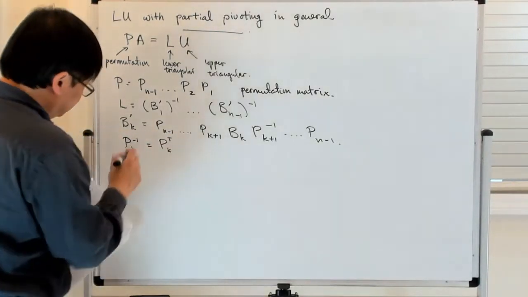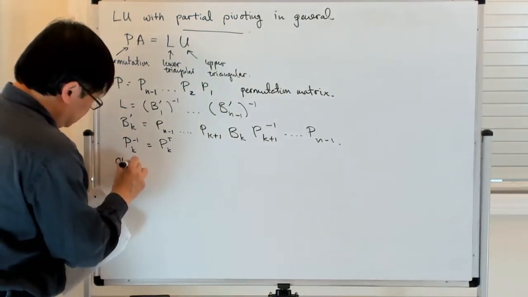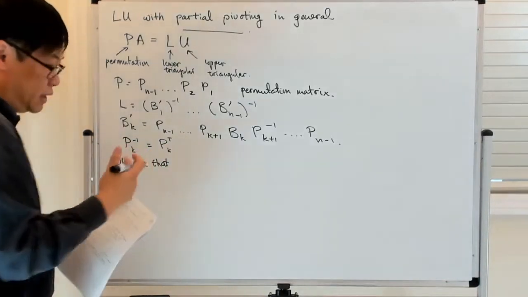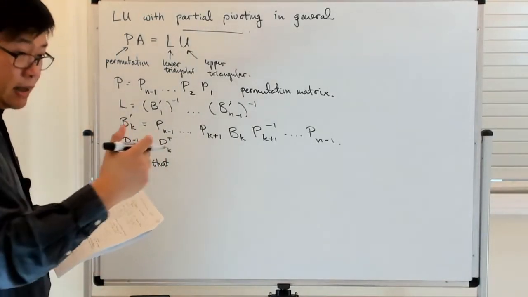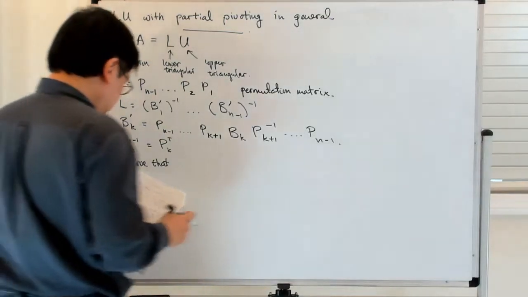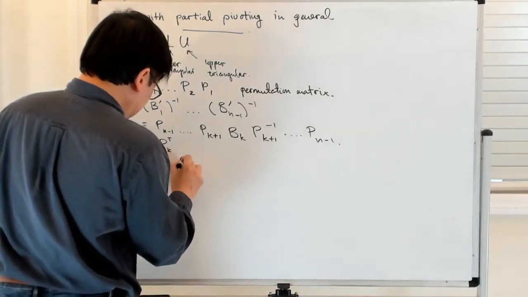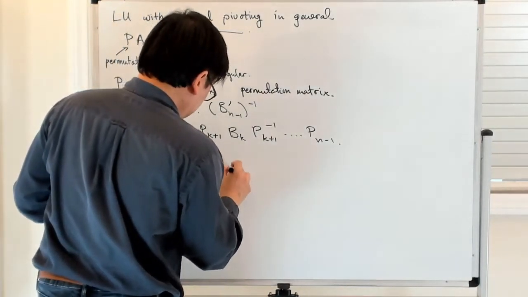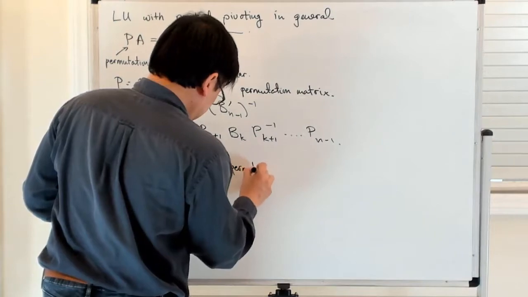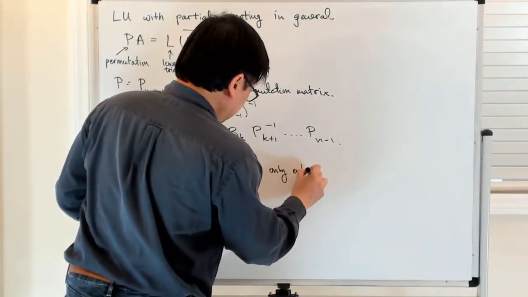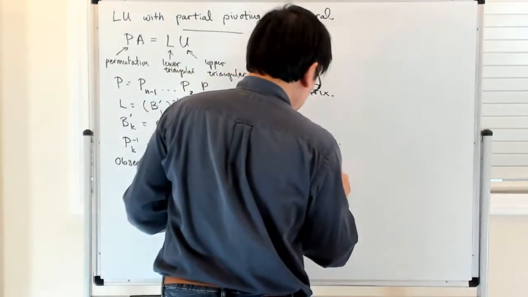Some observations. Observe that the permutation matrices Pk have the property that they only permute entries below the main diagonal.